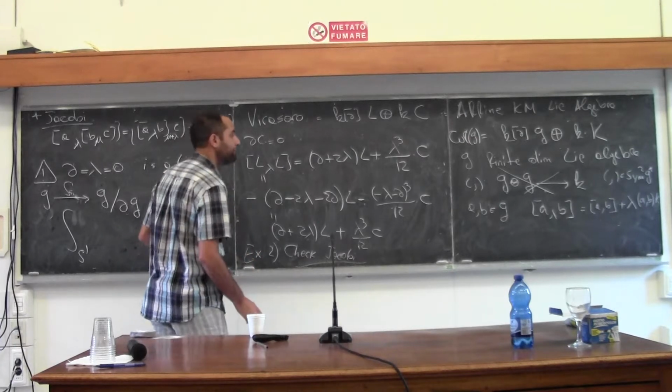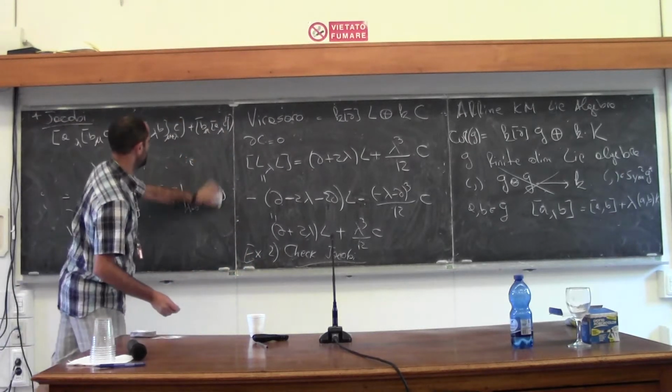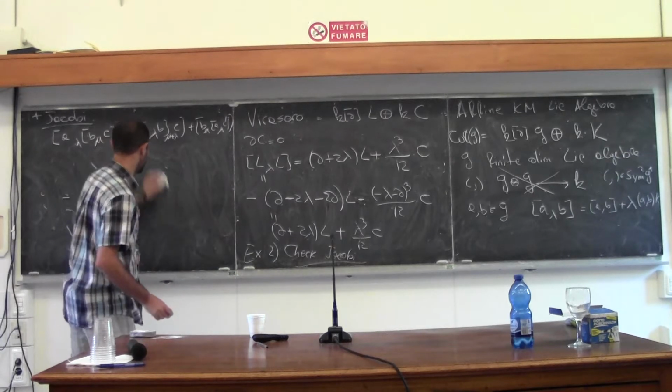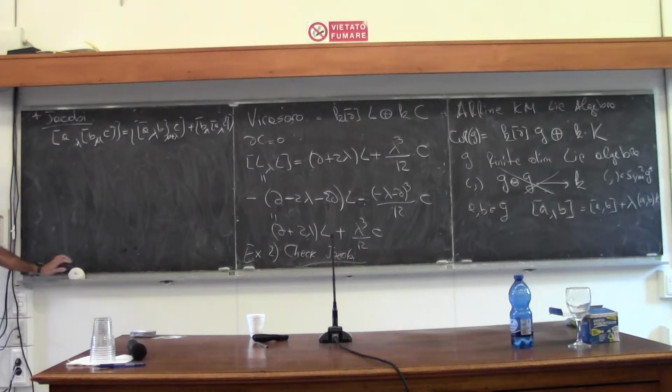So let's check Jacobi. What does Jacobi tell me? Let's compute this. I have A lambda, and I need B mu C. B mu C consists of two terms: B comma C, plus another term, which I don't care about because it's central, so it's going to be killed by this bracket.